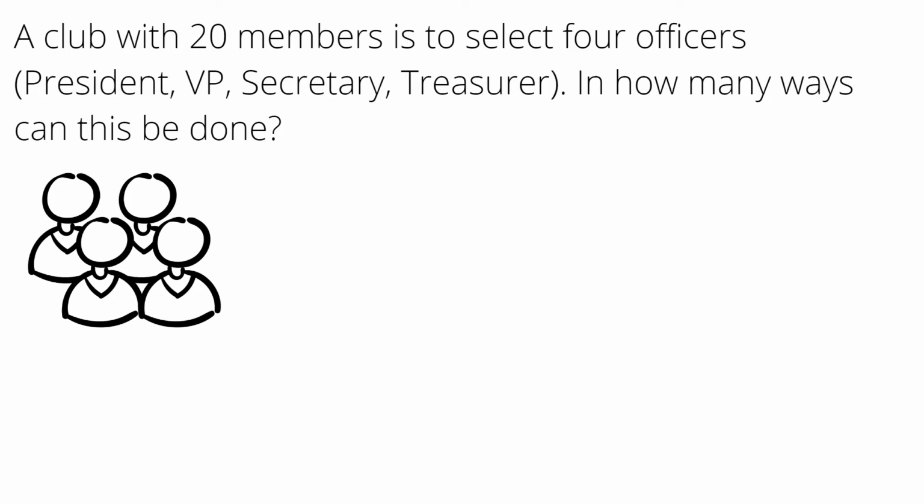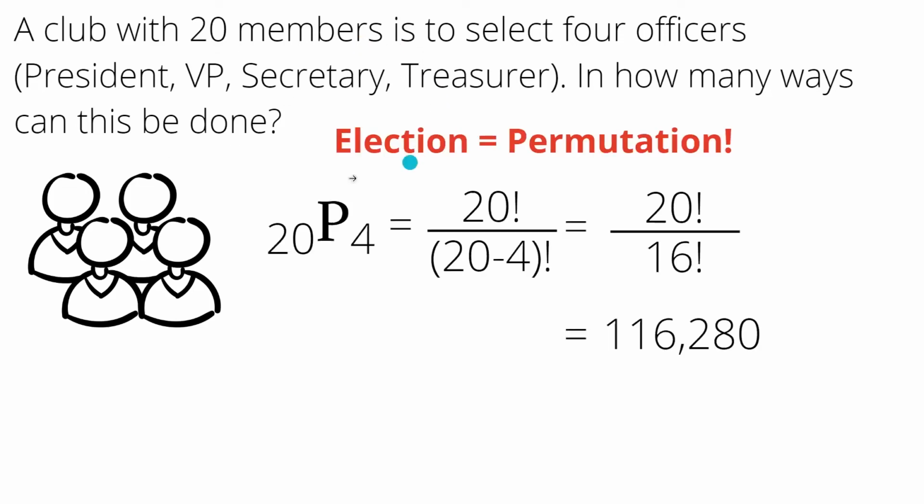In this case, you're not making a committee, you're actually electing 4 officers. Remember, that's the election keyword. So the election goes with a permutation. You're going to use the permutation formula here.